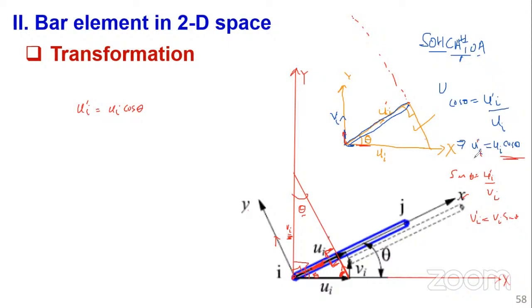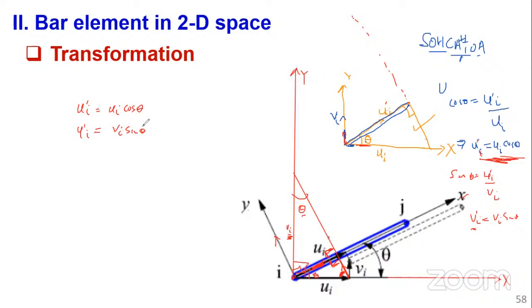Of course, this is the one that I've brought to this side. And now we can bring the other one here, the vertical component. So again, U prime I is equals to VI sine theta.